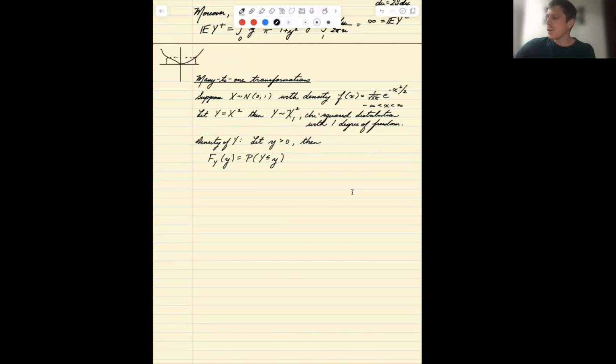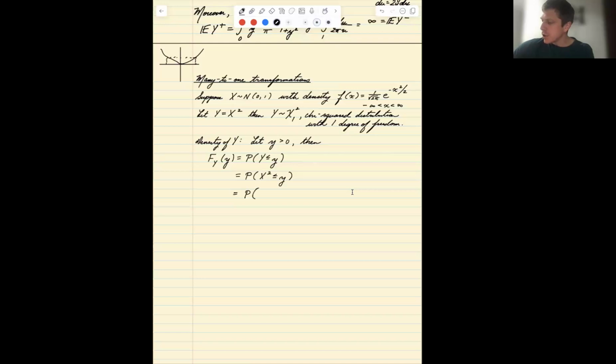Well, what's the probability that y is less than or equal to little y? It's the probability that x squared is less than or equal to little y, by definition. So now we have something in terms of probabilities for the random variable x. And when is x squared less than or equal to y?